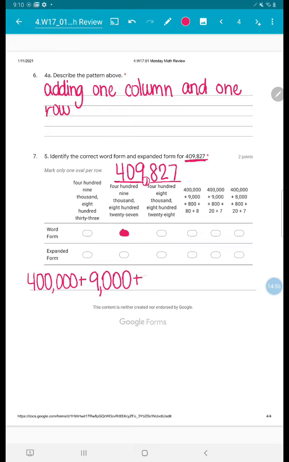Plus my next digit is 8 in the hundreds place. So 800. Plus I have 2 in the tens place and 7 in the ones place. So 400,000 plus 9,000 plus 800 plus 20 plus 7. The middle choice of expanded form is the correct answer.